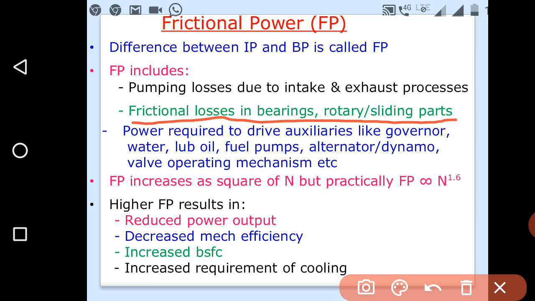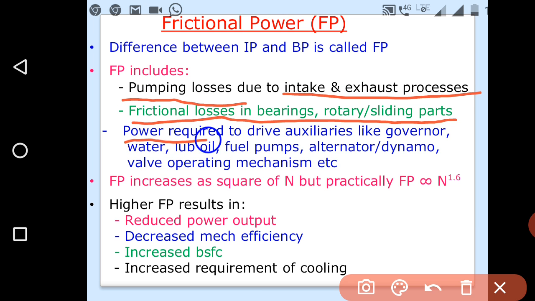Again, we have to open and close the exhaust and intake valves. For that we are using the arrangement that we discussed in unit number 1, the camshaft, and for that camshaft we are taking the power from the crankshaft itself. Whatever power that uses, we call the pumping losses.